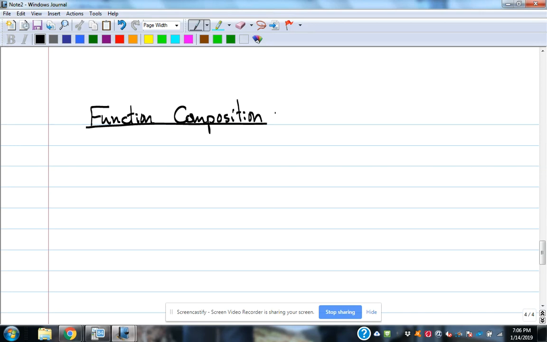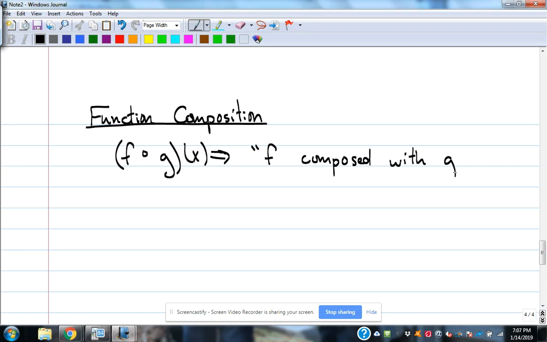It's not that bad. It just takes a little doing, all right? You may not remember it being called function composition. You may remember this symbol, though. The way you read that is f composed with g of x.